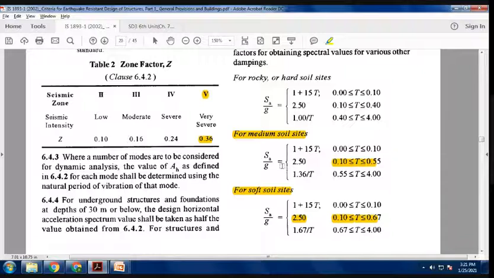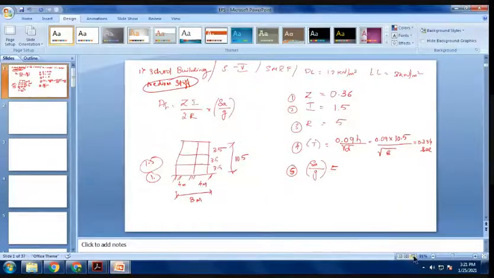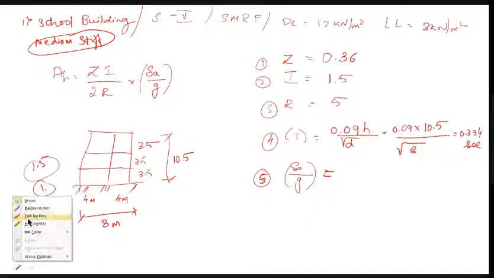So directly I can take the Sa by g value as 2.5. Once again I will repeat, he has given the soil condition as medium, and I have got the T value as 0.334, which lies between 0.1 to 0.5. So directly I will take the Sa by g value as 2.5. Therefore Sa by g is 2.5.